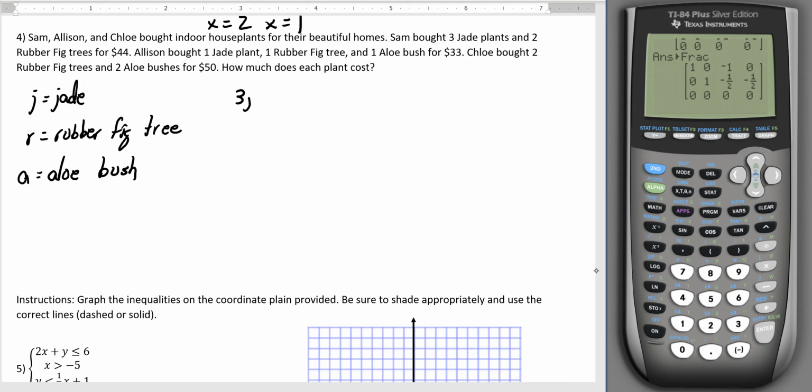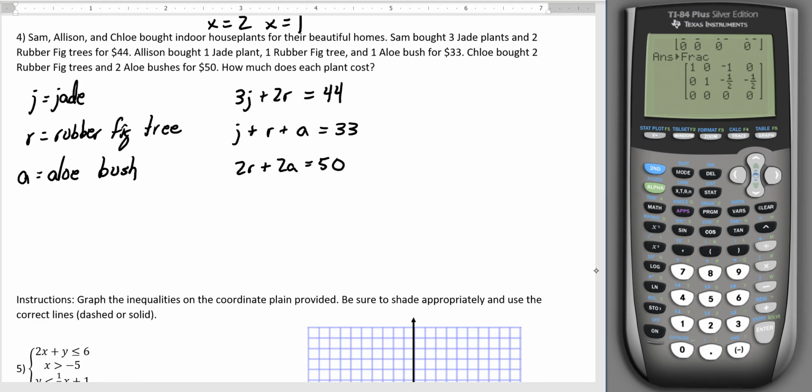Sam bought 3 jade and 2 rubber fig for $44. Allison bought 1 jade, 1 rubber fig, and 1 aloe for $33. And Chloe bought 2 rubber figs and 2 aloes for $50.